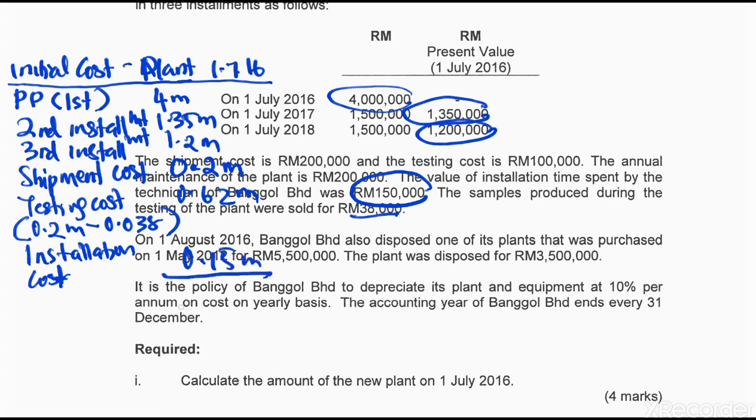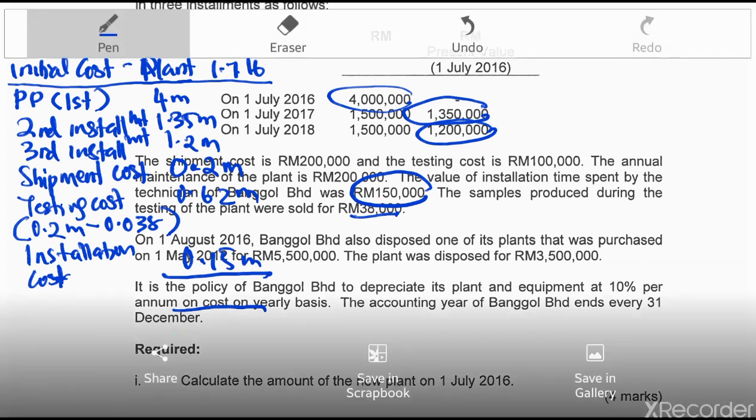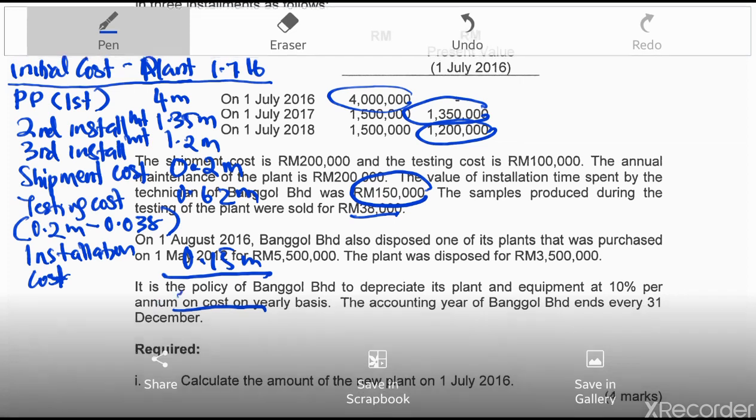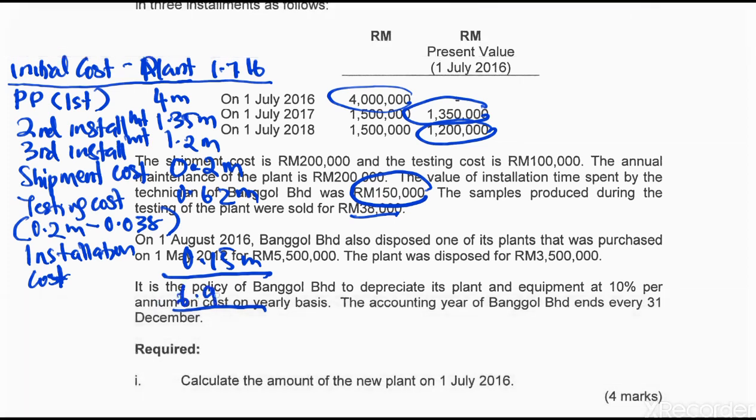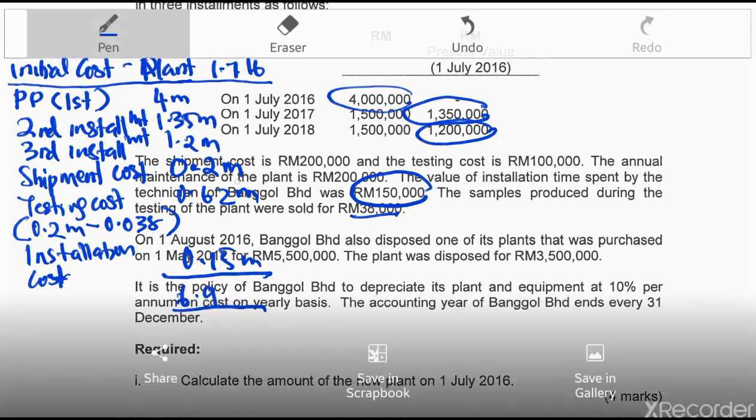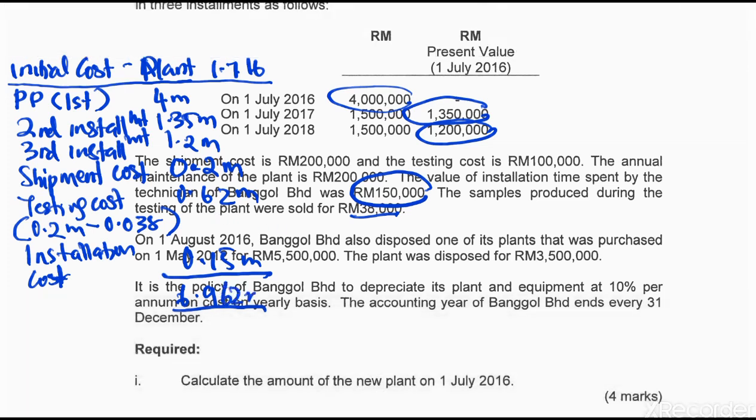So if you total up this, you'll be able to get the total. Take your calculator and try to calculate. You'll be able to get 9.962 million.